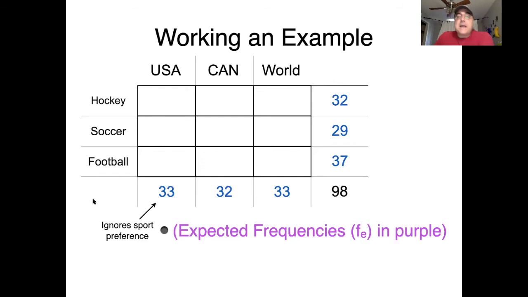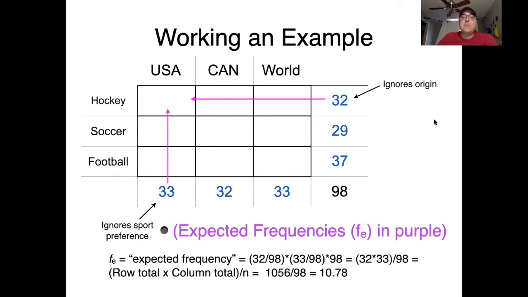That is because these two numbers here, 32 and 33, are about USA hockey fans, but one ignores where you're from and the other one ignores what sport you like. Putting them together will give you both. So 32 out of 98 will take care of sport preference, 33 out of 98 will take care of country of origin, and you end up with a number that gives you the expected frequency for USA hockey fans.